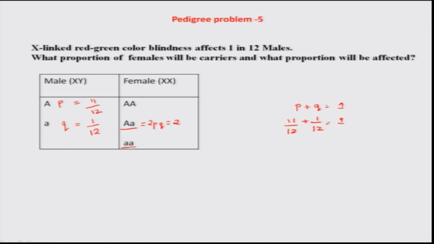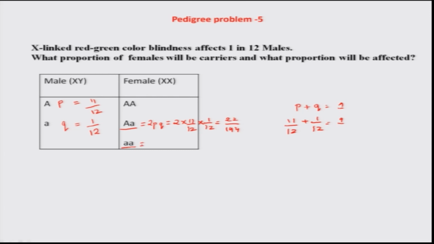So this would be 2 into 11 by 12 into 1 by 12, which is 22 by 144. So among the female population, out of 144 females, there would be 22 females carrying this disease.